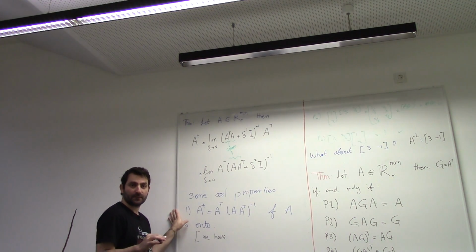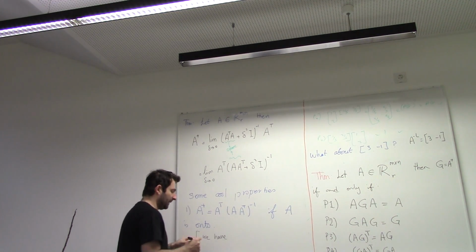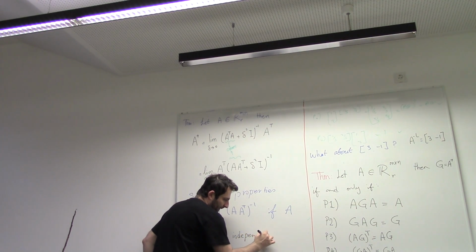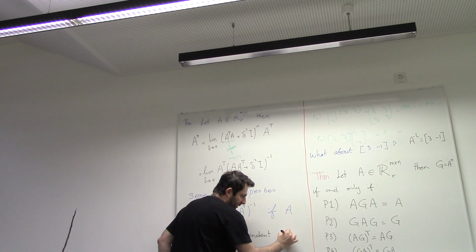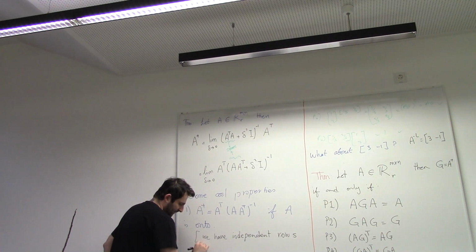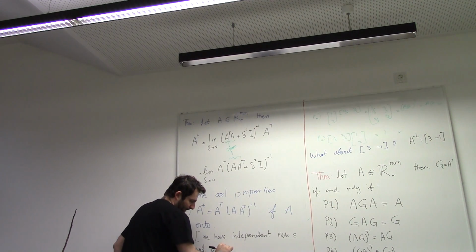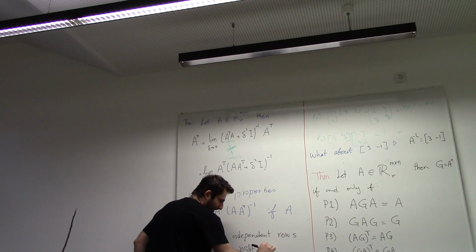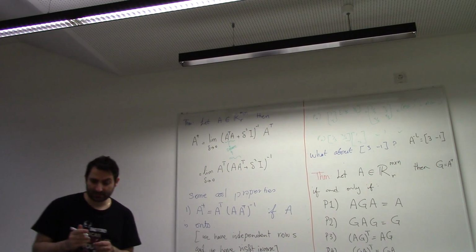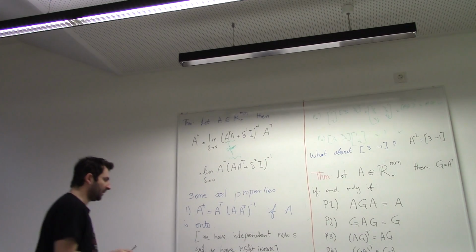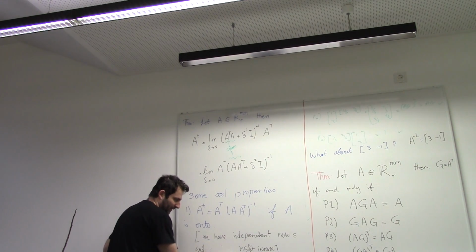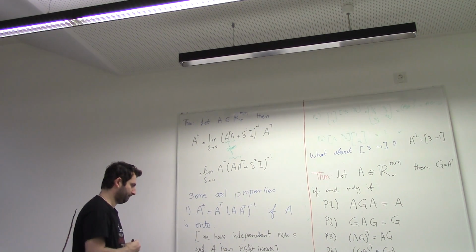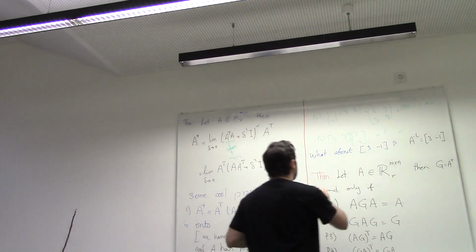We have right inverse, right? When we have independent rows, we have right inverse. It means that A has a right inverse.